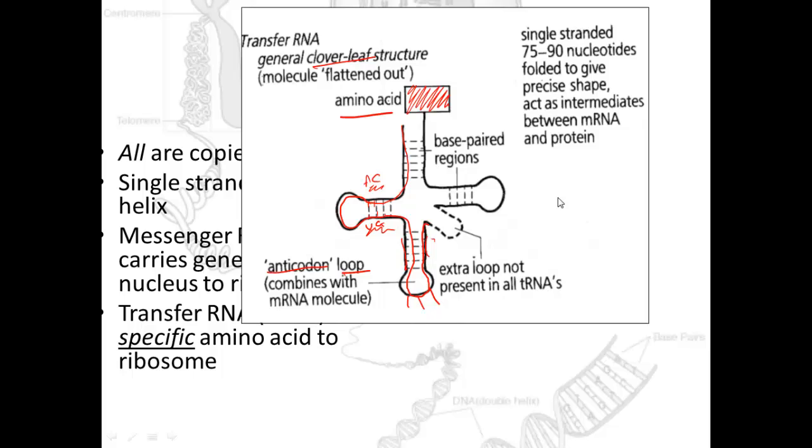Each tRNA carries a specific amino acid, and this amino acid here corresponds to the base sequence down here on the anticodon loop. And this sequence of bases here will always correspond to the same amino acid up here. That's reliable.